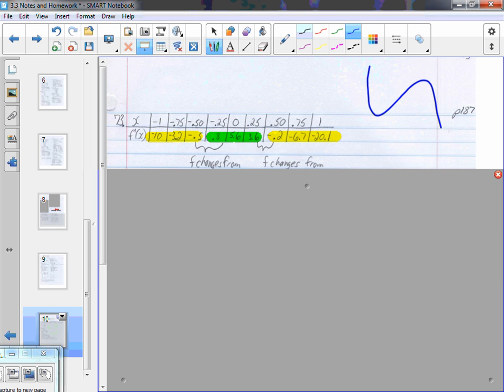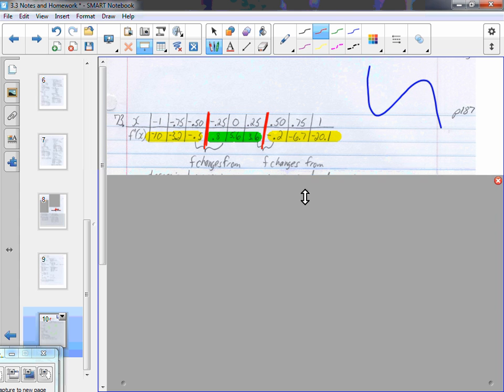Okay? Now, we know that f prime changes from negative to positive right in there. We know that f prime changes from positive to negative right in there.